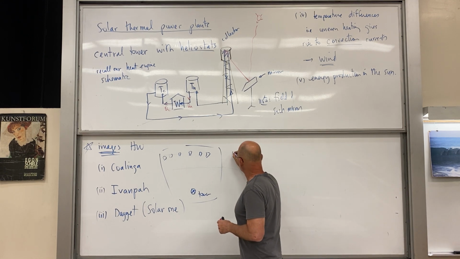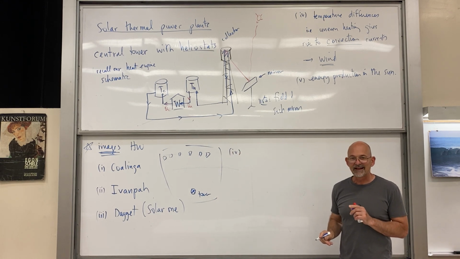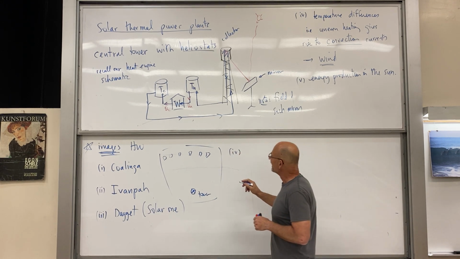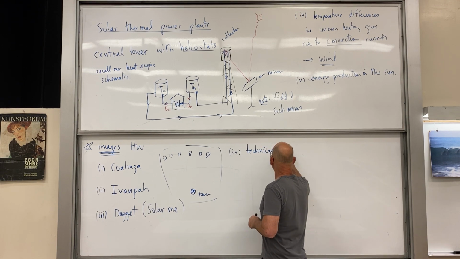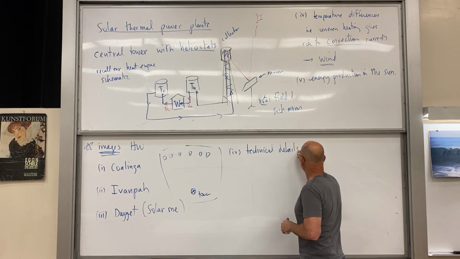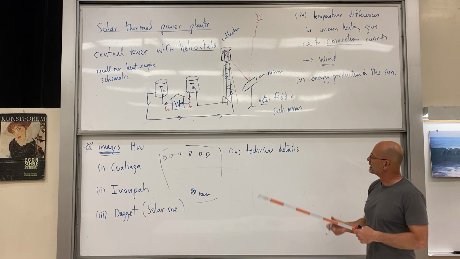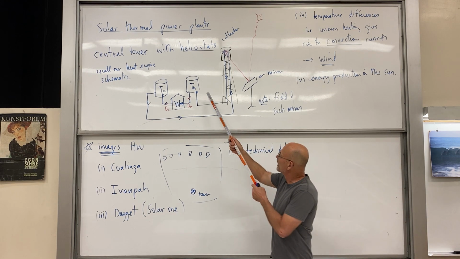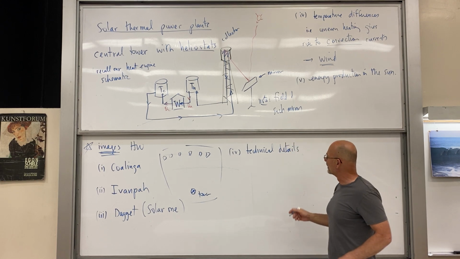In addition to just these images, let's say we also want to see if you can find some of the technical details. There's a ton of information out there, but in particular what we'd like to find out is, what are these high and low temperatures in the high and low temperature reservoirs?